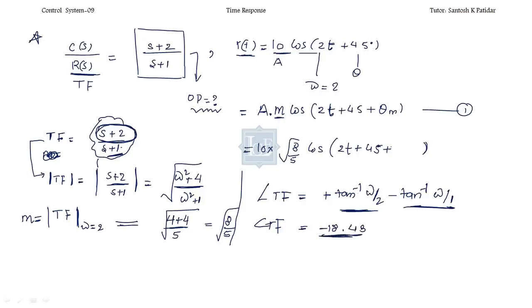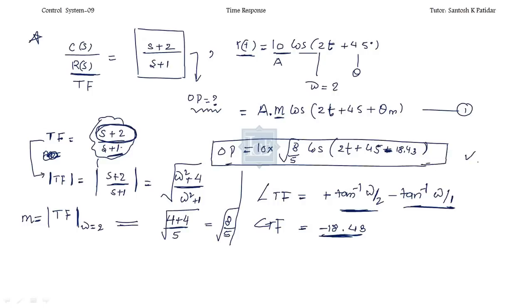Okay friends, so you'll put the value over here. This is minus 18.43. So this is your output. Correct?